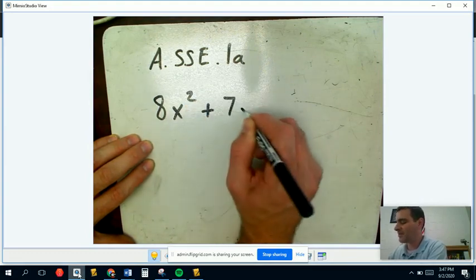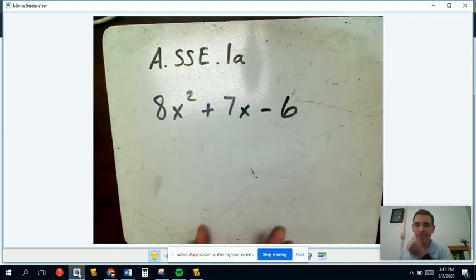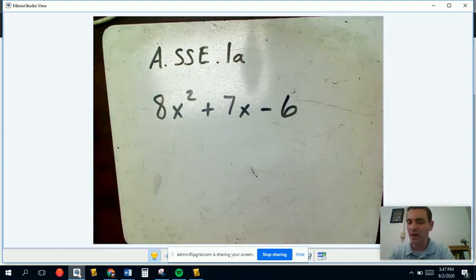And a polynomial has a formal definition, but it can be sort of informally thought of as a collection of numbers and variables where the variable is always raised to a whole number exponent.